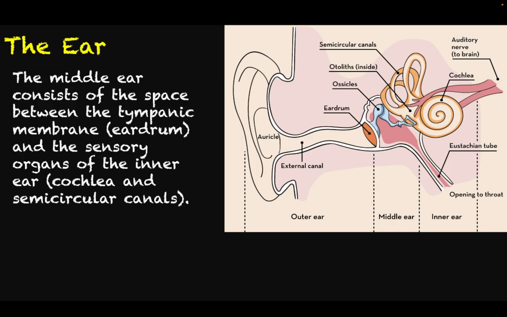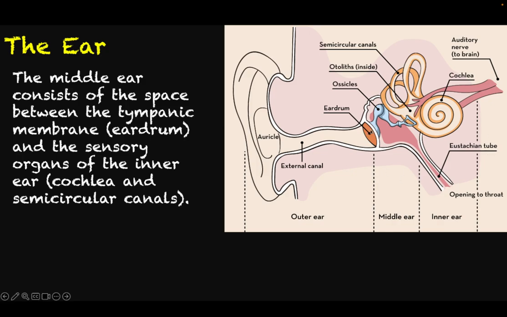So again, the middle ear consists of the space in between the tympanic membrane, which is more commonly called your eardrum. We'll see later on in the semester that the way hearing works is that your outer ear funnels in vibrations in the air. Those vibrations will strike the eardrum and it will start vibrating at a given frequency.